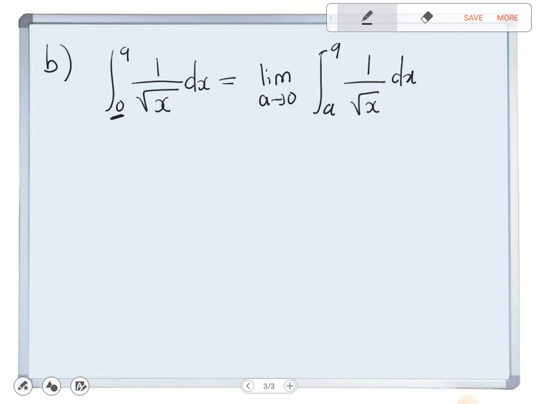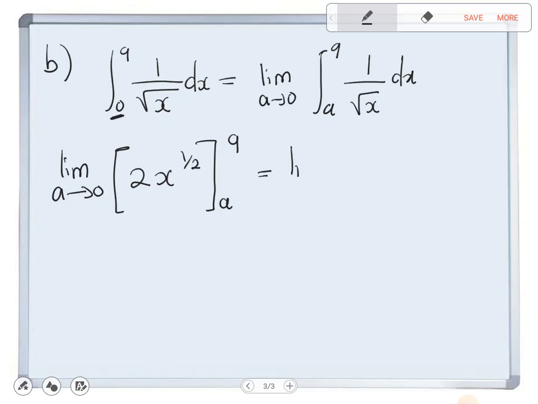Now what do you get when you integrate this? After integrating, you end up having 2 times x to the power half, from a to 9.